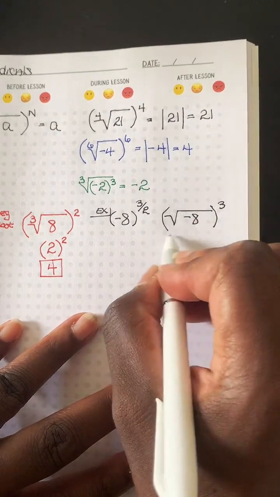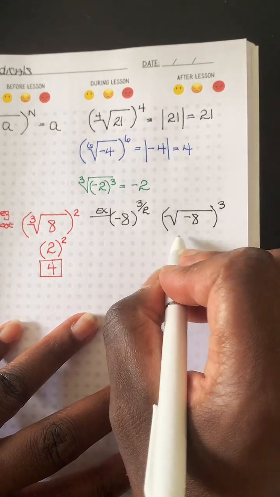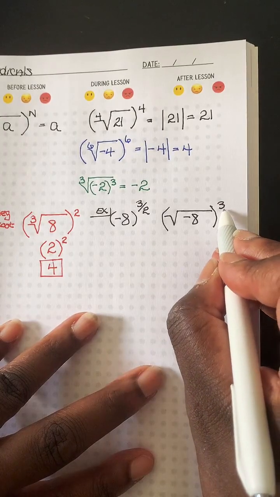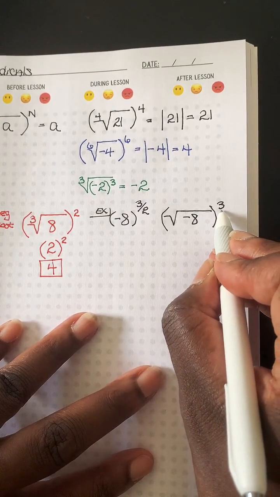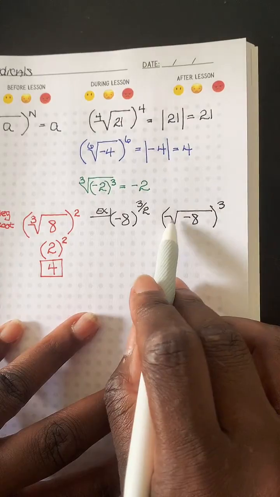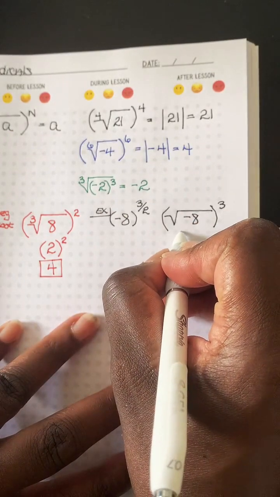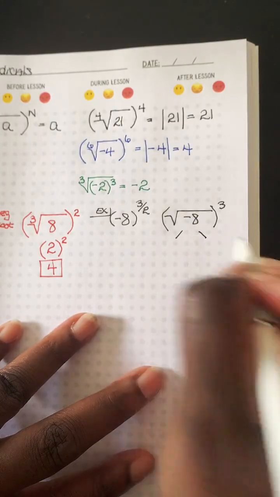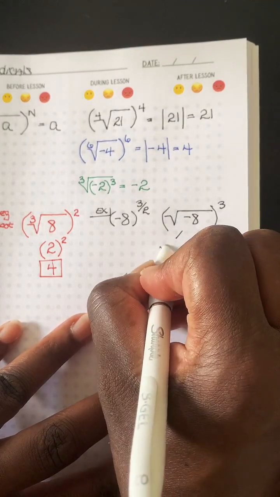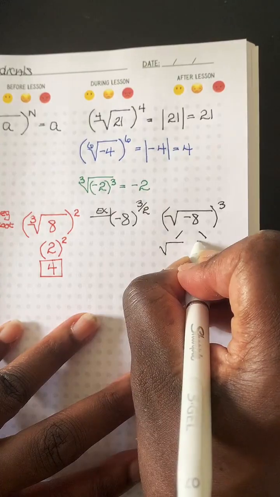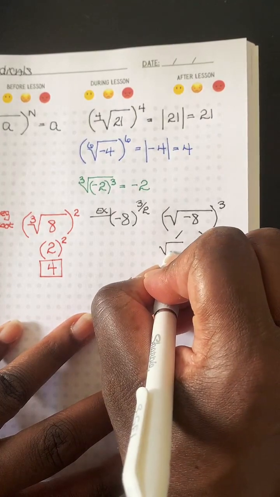We're going to have to break down what's inside the parenthesis first before we tackle that degree of 3. Anytime it's a square root, we should be thinking about complex numbers. So if we have the square root, we've got to pull out the i.